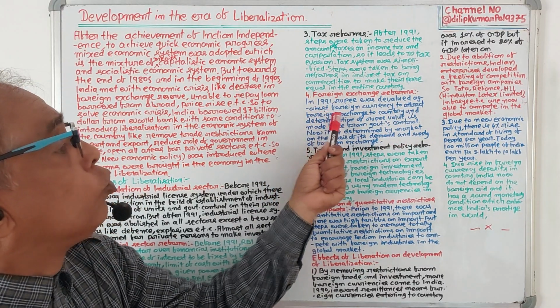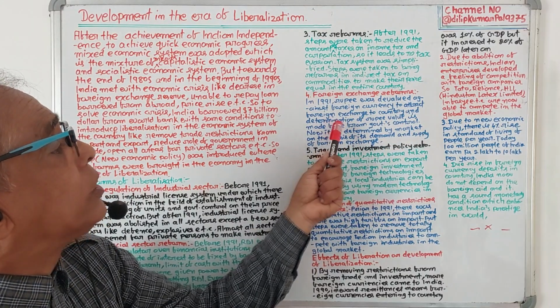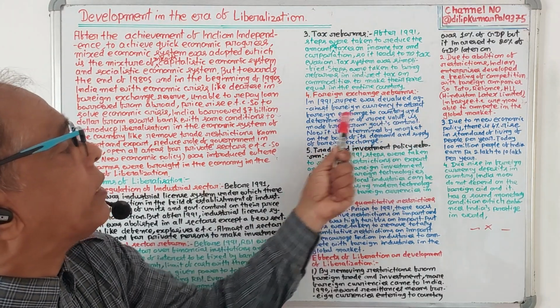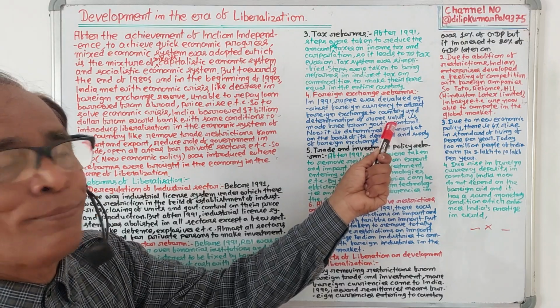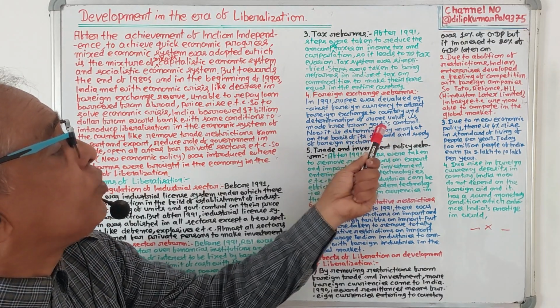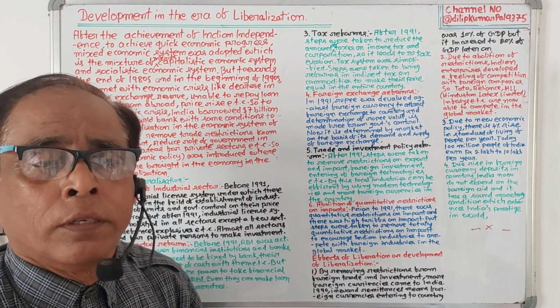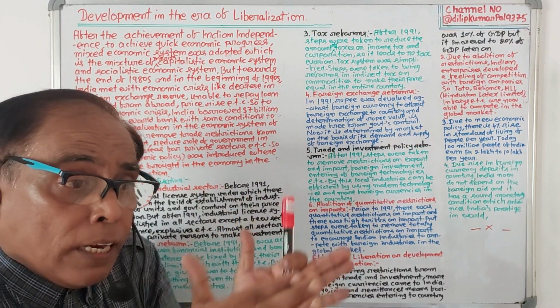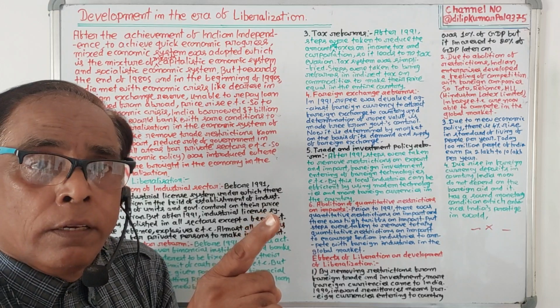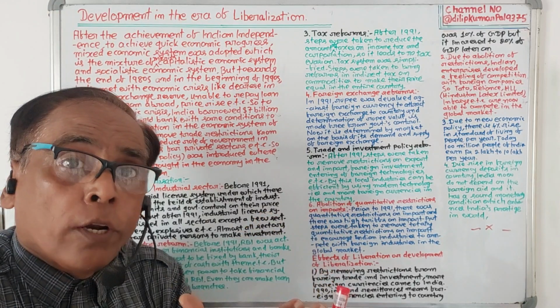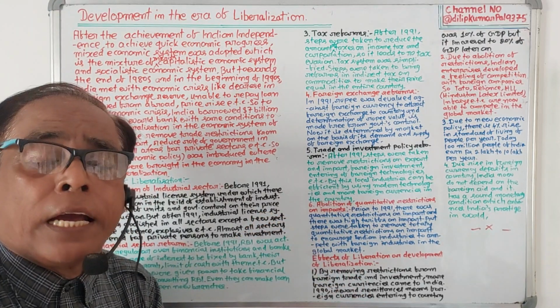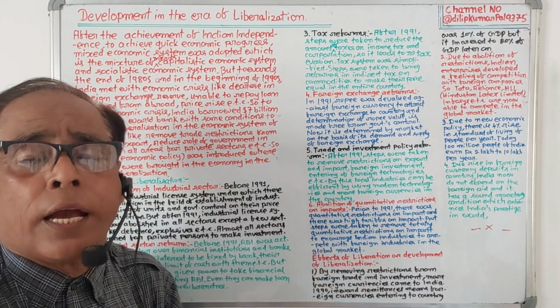In 1991, the rupee was devalued against foreign currency to attract foreign exchange to the country. And determination of the rupee value was made free from government control. In 1991, it was decided to devalue the rupee. By this, more and more foreign currency will be attracted towards India and will come to India.